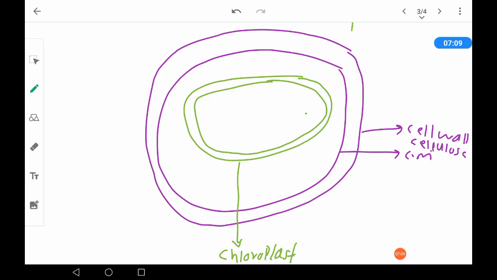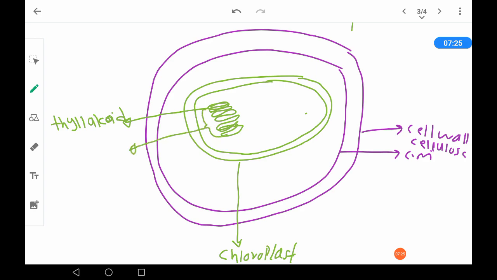The chloroplast is made up of membranous structures. This is the membranous structure. Each membrane we call a thylakoid.